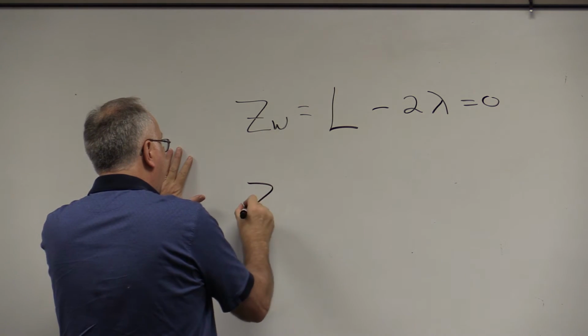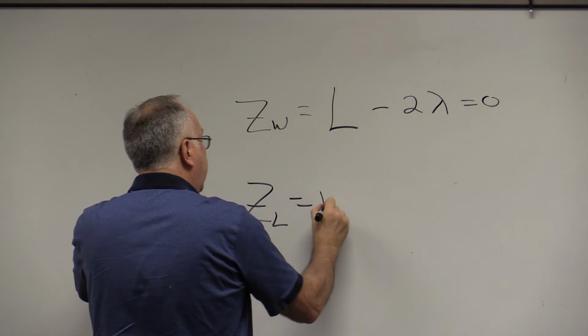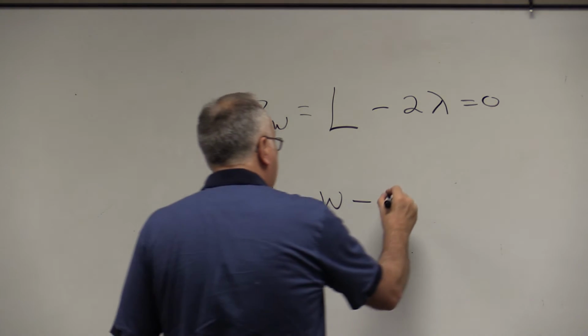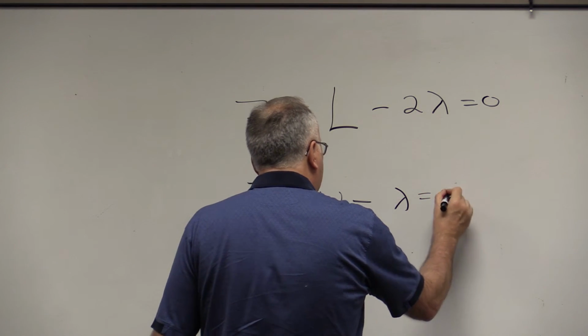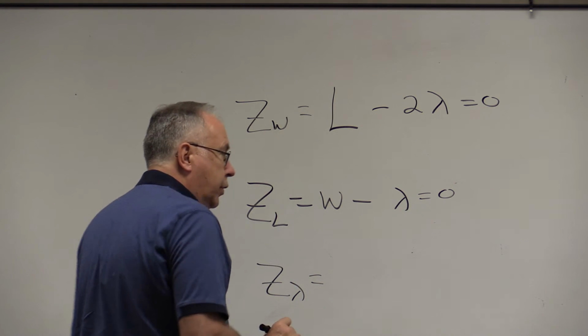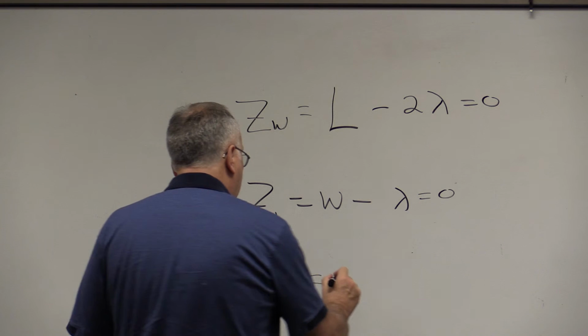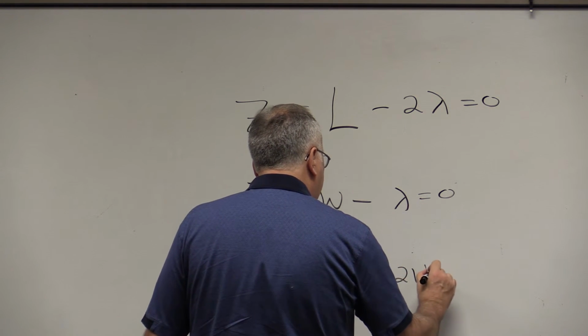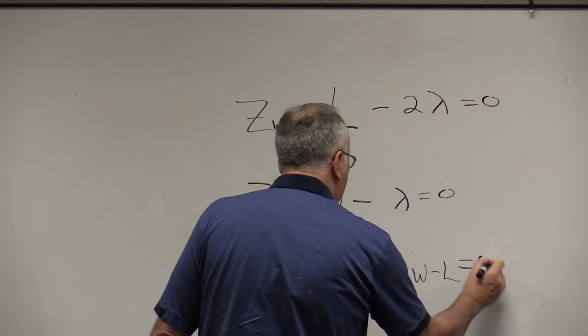Now Z sub L would be W minus lambda, equals 0. And Z sub lambda would just give us our constraint, 64 minus 2W minus L equals 0.